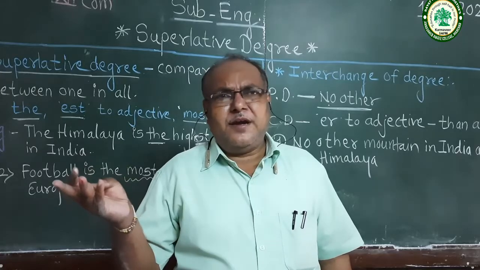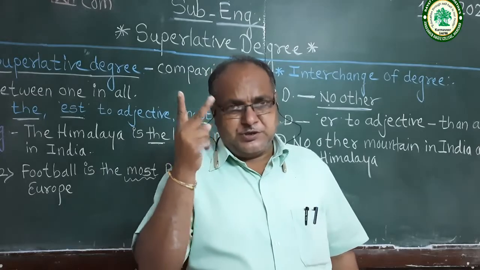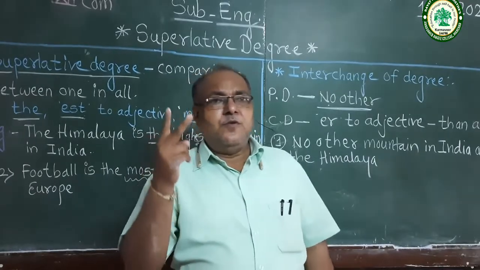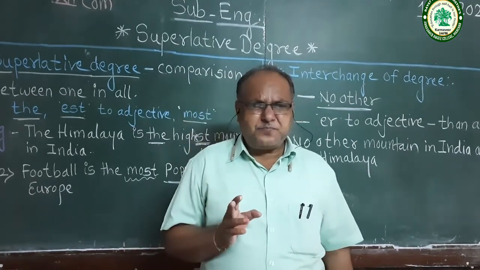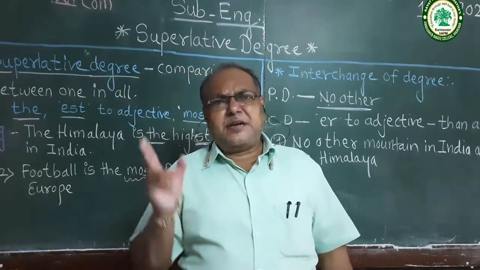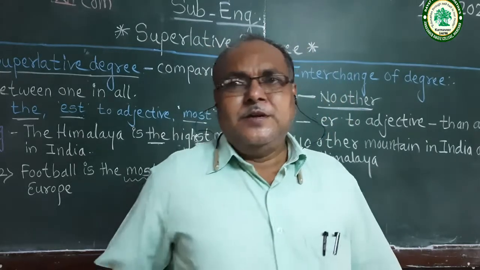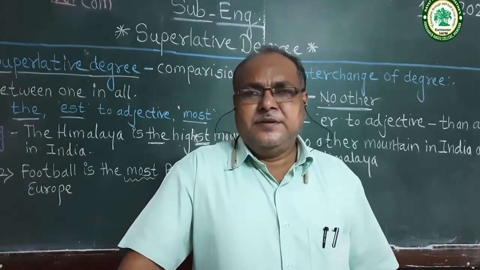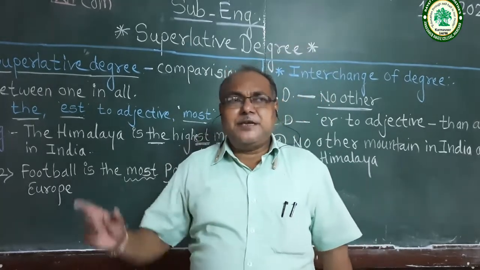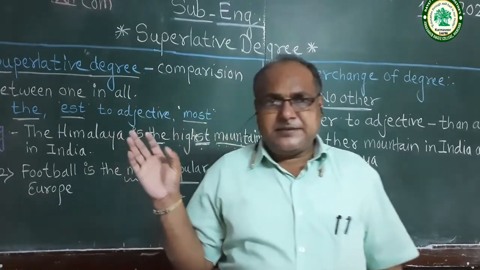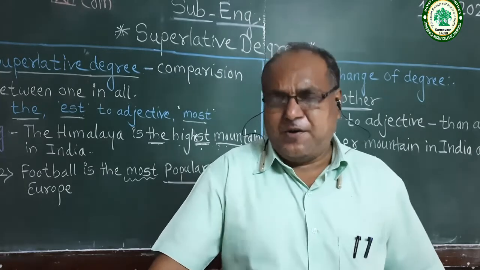In a positive and comparative degree, there is a comparison between any two objects, two things, two cities, two persons, any two forts, mountains, etc. So in a positive degree there is a comparison between any two objects, and in a positive degree the adjective is placed between as and so as. Adjective is placed between as and so as in a positive degree form.